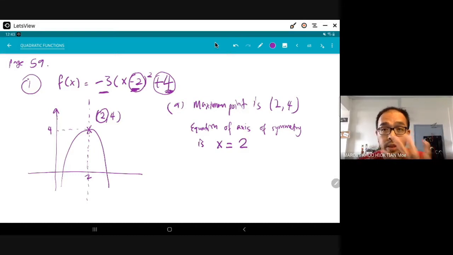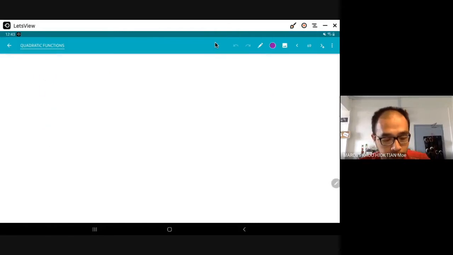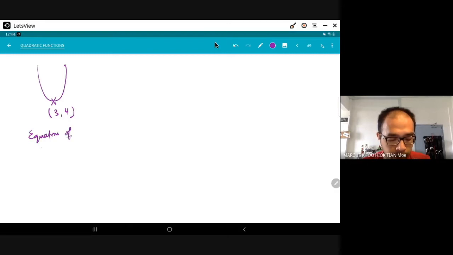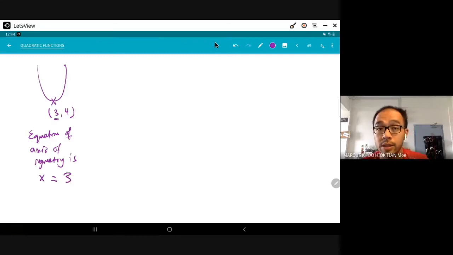So I move a little bit away for a while. Let's say I give you this graph, and let's say the minimum point over here is 3 and 4. So the equation of axis of symmetry is x equals to 3, because the x coordinate is 3.